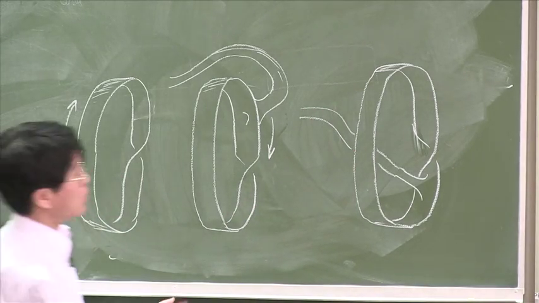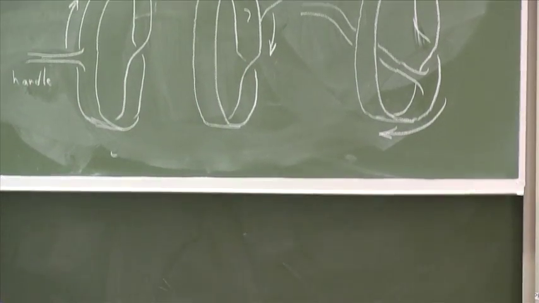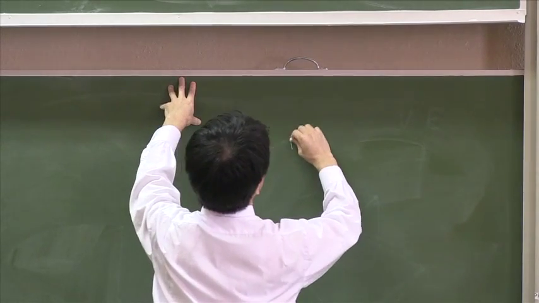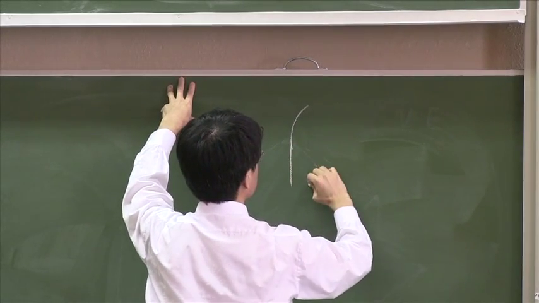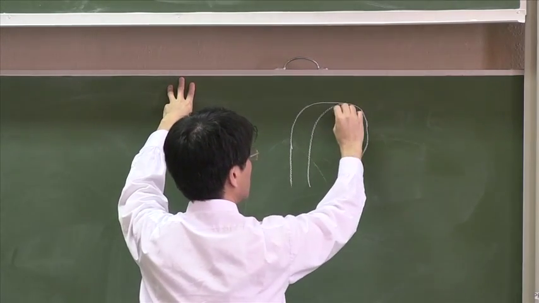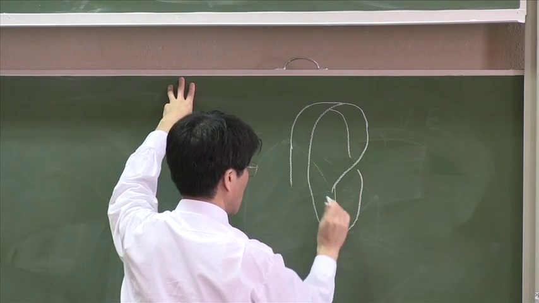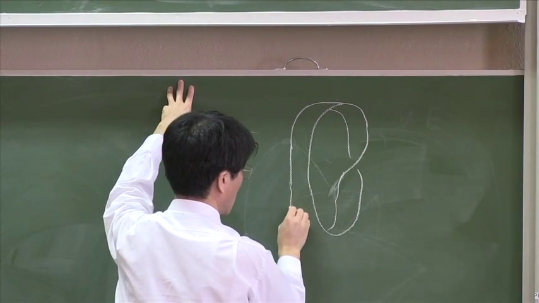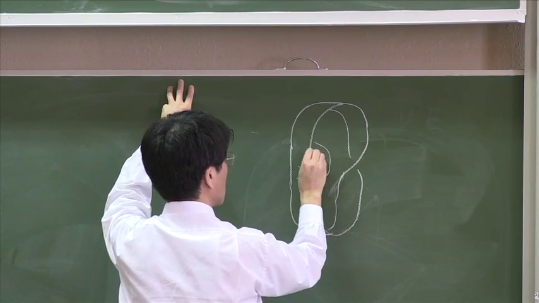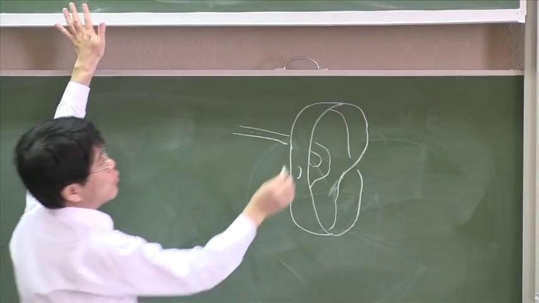Okay. And then I keep going. I just keep sliding the handle. And amazingly, when you come out of the Möbius strip, the fourth picture, the handle is now attached to the other side of the Möbius strip.